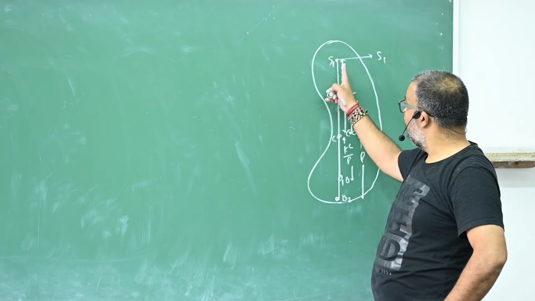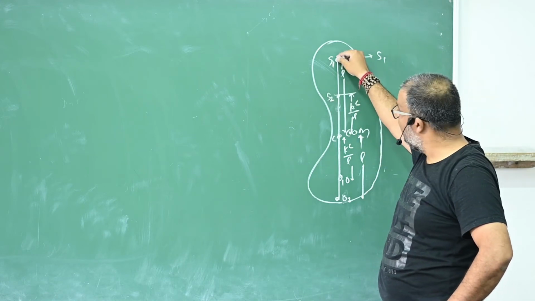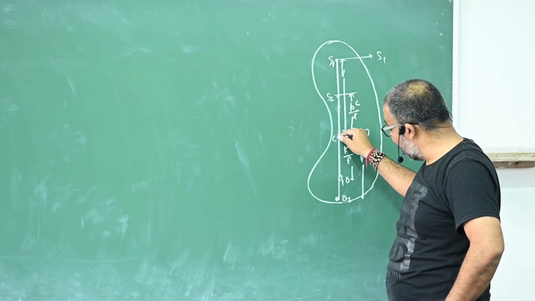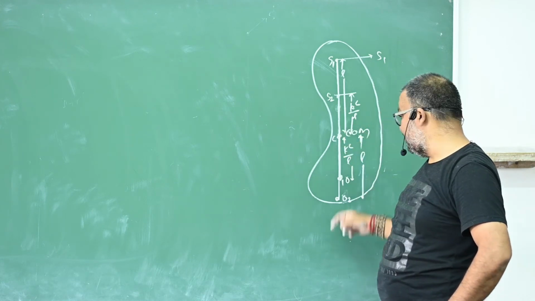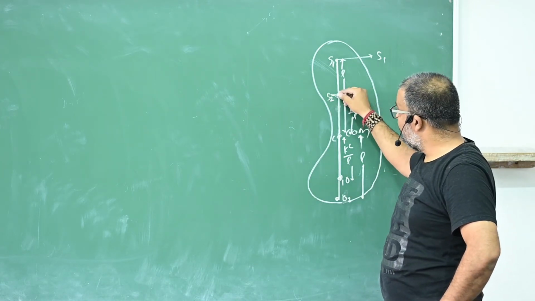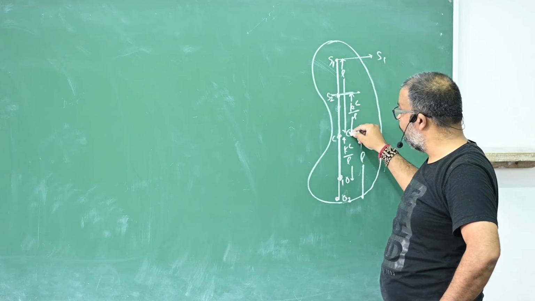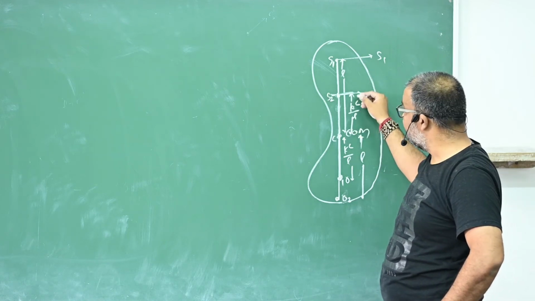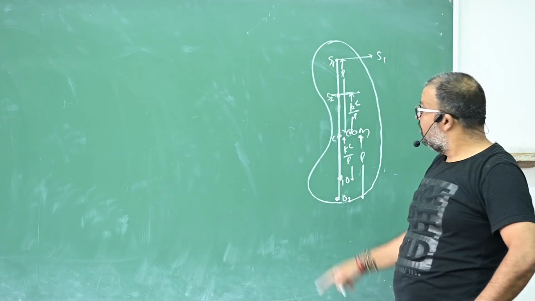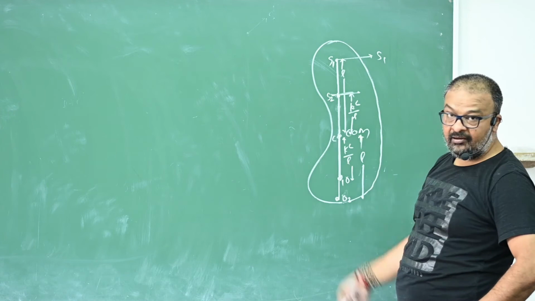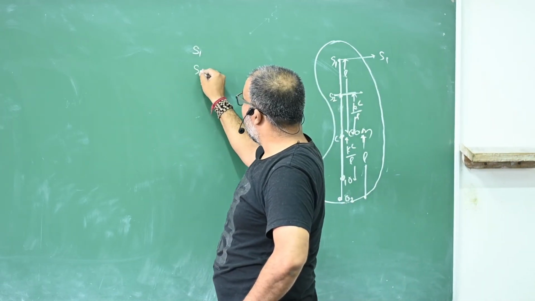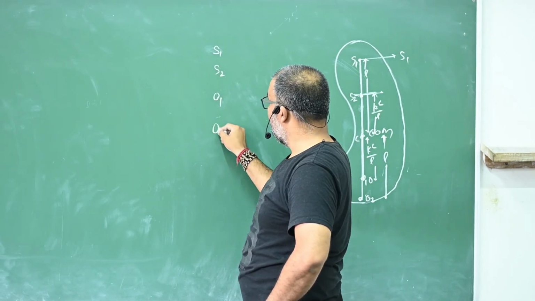When I suspend from S1, the distance of the center of mass is L, and the distance of the point of oscillation from the center of mass is K square by L. And if it is suspended from point S2, whose distance from the center of mass is K square by L, then the distance of the point of oscillation will be L. Now we have 4 points on the same line: S1, S2, O1 and O2.